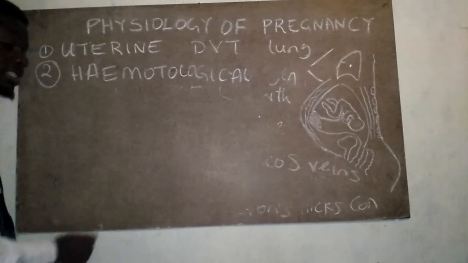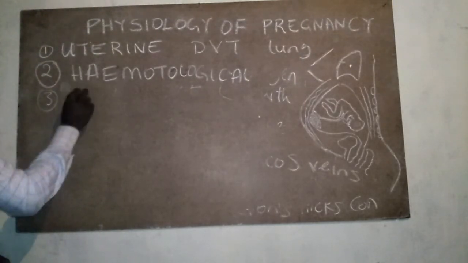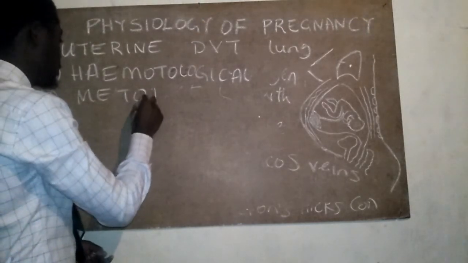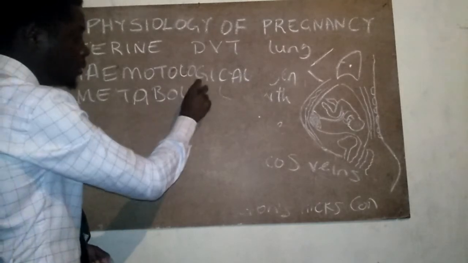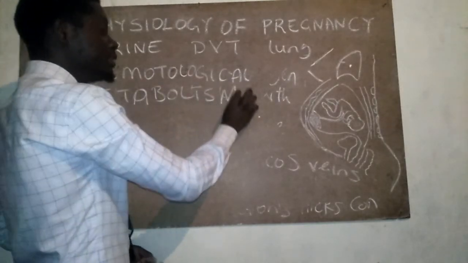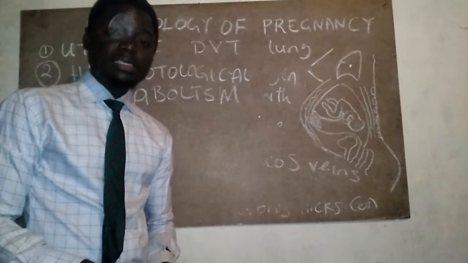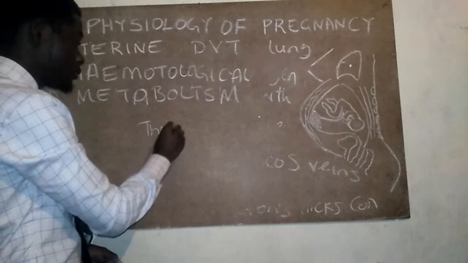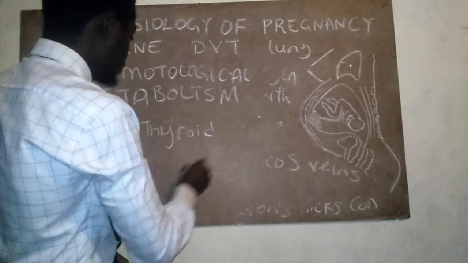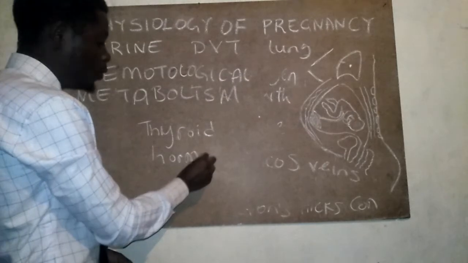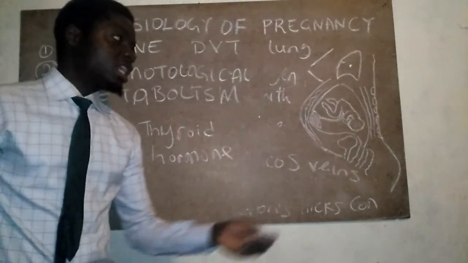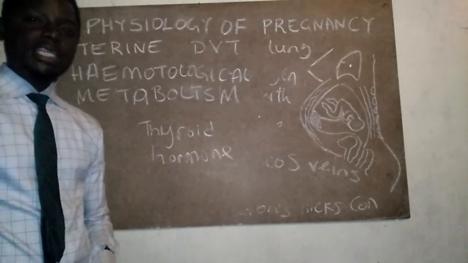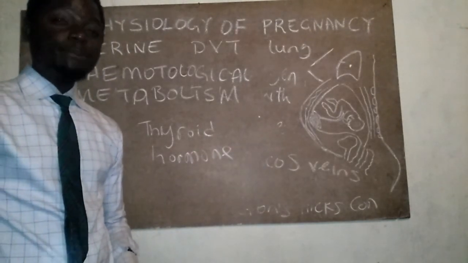All these are the changes that happen in the woman, because pregnancy is a metabolically demanding process, and it's going to cause the production of thyroid hormone, and this hormone will increase the metabolic rate of the mother so that the mother can carry on with the pregnancy. Those are some of the physiological changes that happen in pregnancy.